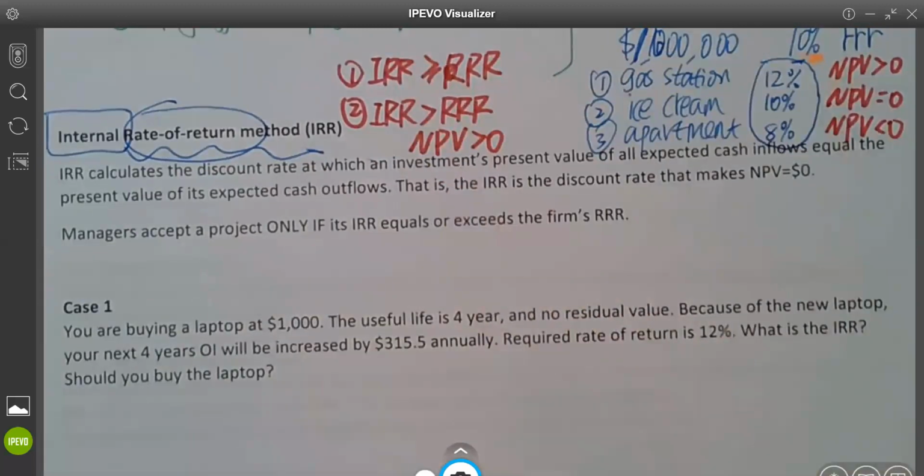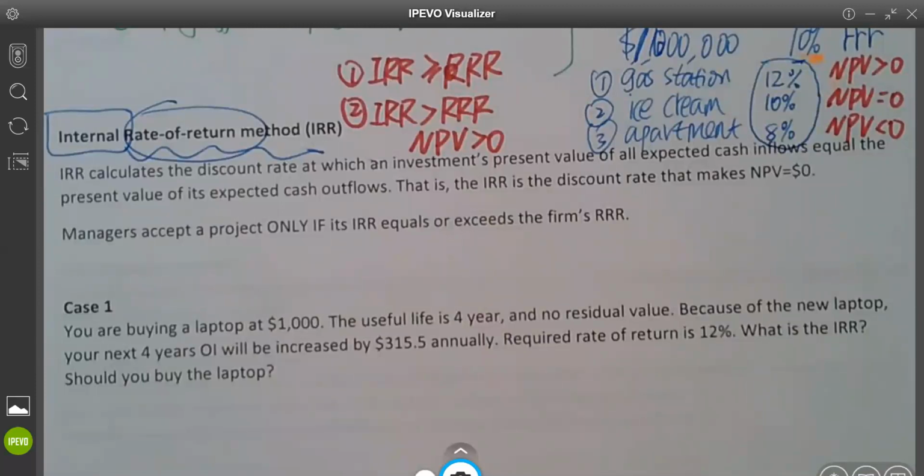I tell you here, but in the exam, what I will most likely ask you is, if IRR is smaller than RRR, your NPV will be negative. Okay, your NPV will be negative. Does this make sense? Yes or no? You got it. You got 50%. You got the most important part of IRR.